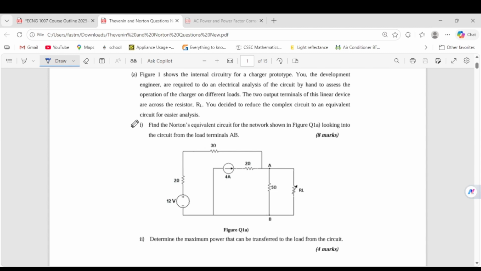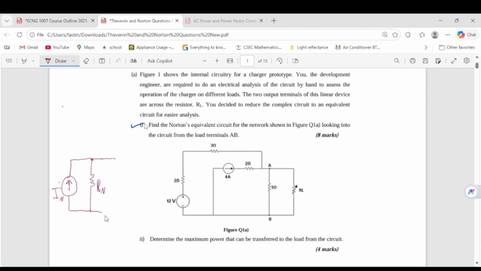So the first question is to go through the Norton's equivalent circuit. The first thing we have to know is what the Norton's equivalent circuit is. In both of these types of circuits, for the Norton, you have a current source, and this current source we call IN, or I Norton, and the difference is that you have a resistor that is in parallel with the current source, and we call this one RN.